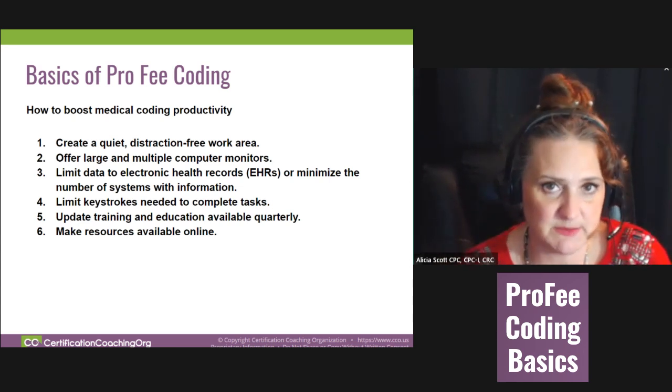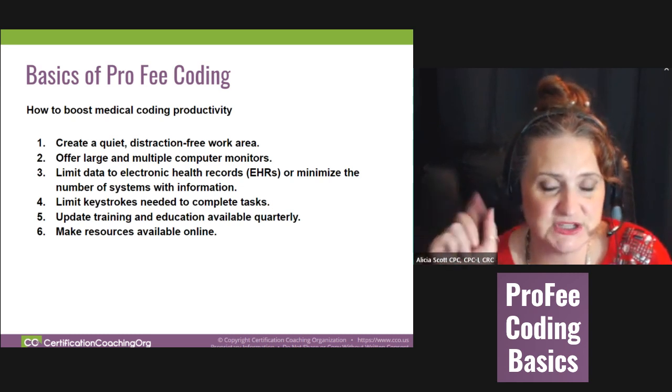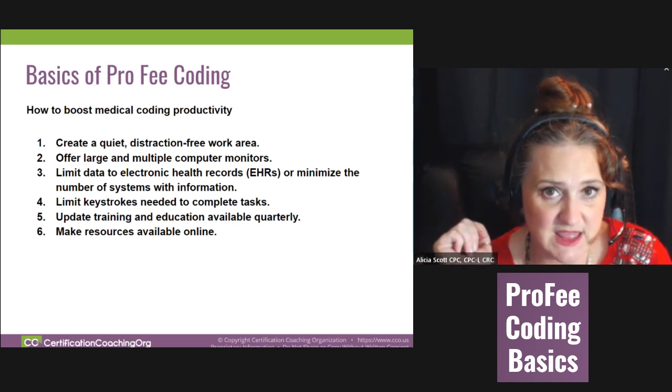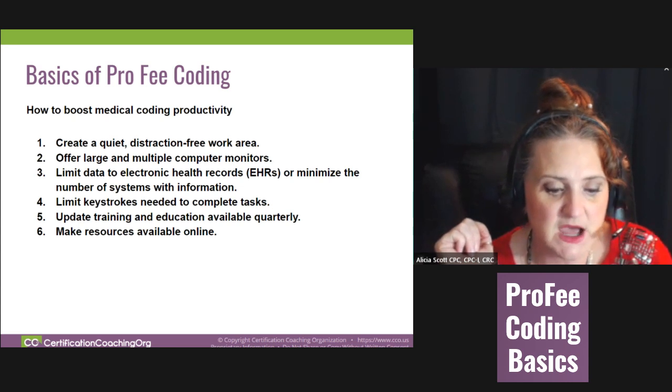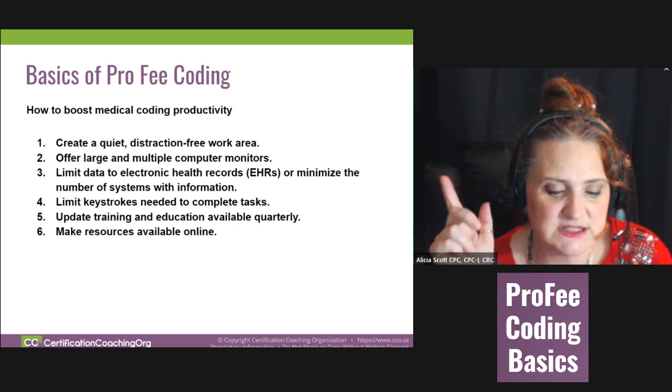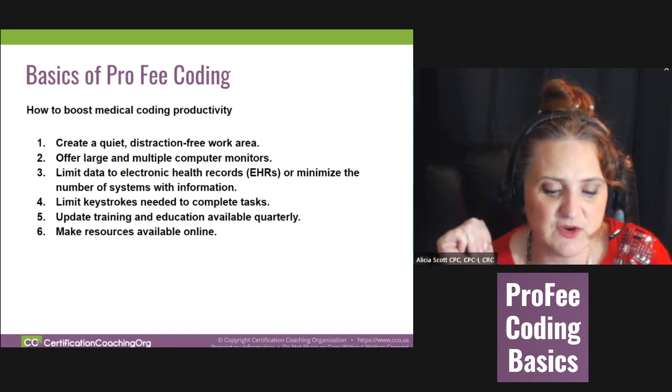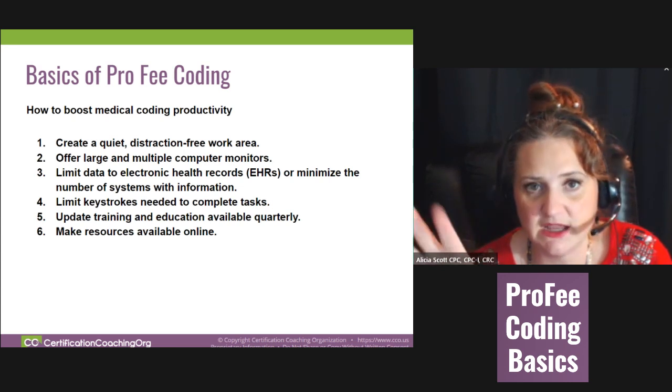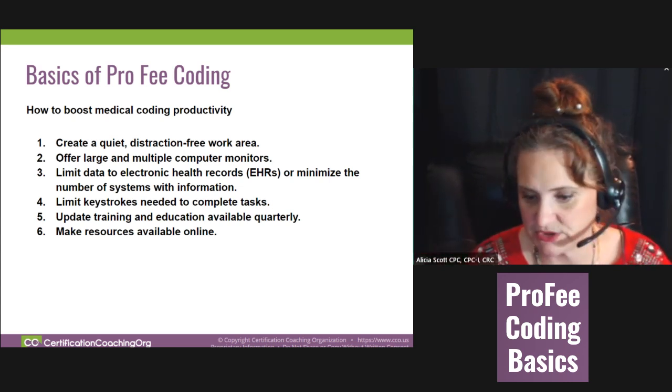Now, we know Medicare doesn't pay for consults. Cigna just recently, last month, said that they weren't going to pay for consults, but UHC, VA, TRICARE, Cigna, and Medicare don't pay for consults. So that would be a 99242 if that code crossed your path.